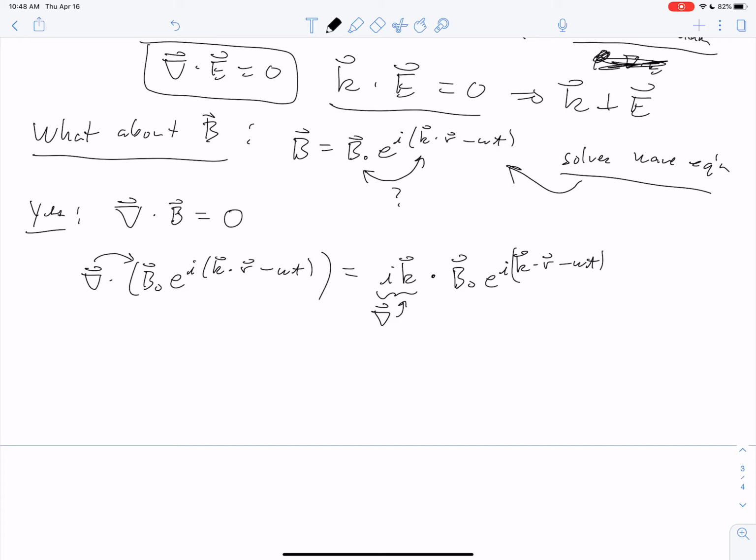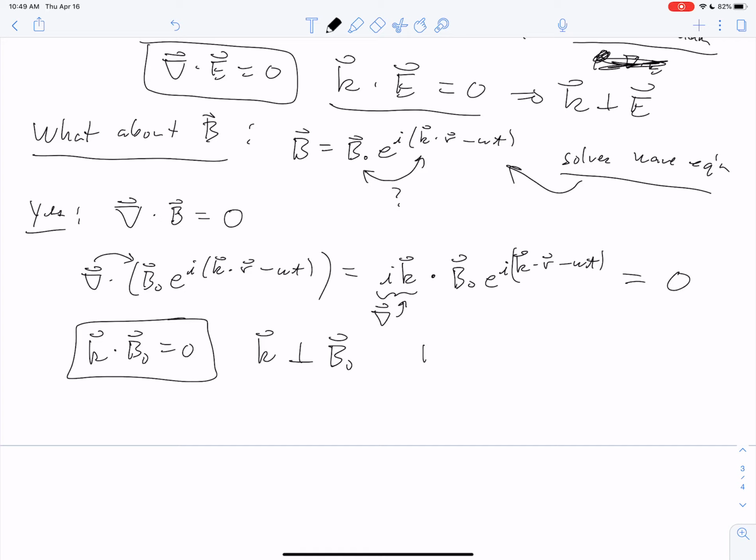This is why we love the complex exponential. The math is so simple. I just replaced the del with ik. That's why we love these complex exponentials. And so this equals 0. And so you can see that k dot B naught equals 0. Therefore k and B naught have to be perpendicular.